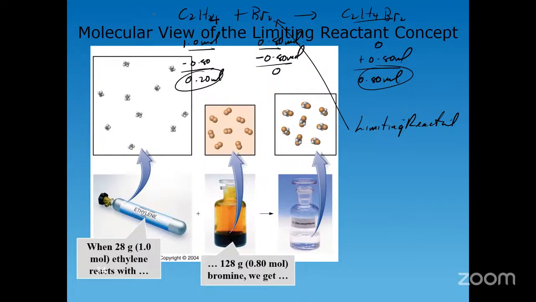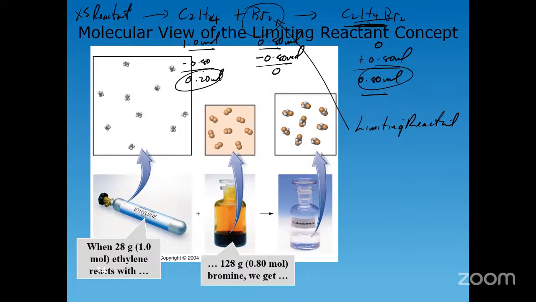And the ethylene would be the excess reactant. All right? And therefore, it is the bromine being the limiting reactant that will determine the amount of product that you expect to get, which would be, in this case, 0.80 moles, right? So that's a real example of this.